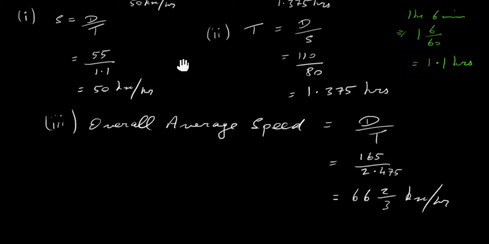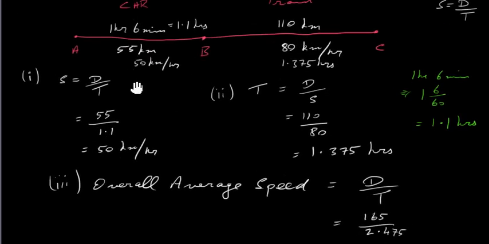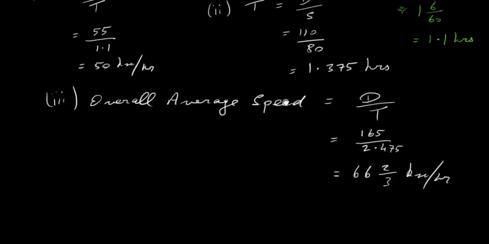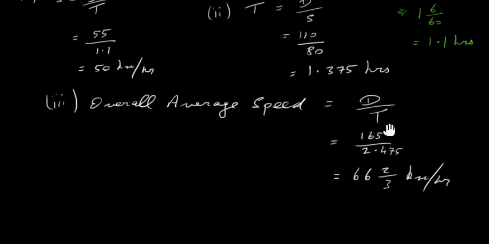She goes at two different speeds here. She goes at 50 kilometers per hour, and then the train goes at 80 kilometers per hour. But the average speed is the overall distance divided by the overall time, which is 66 and 2/3 kilometers per hour. Try not to write this 2/3 as 66.6, unless you're specifically asked to write it to one decimal place or two decimal places or three decimal places.